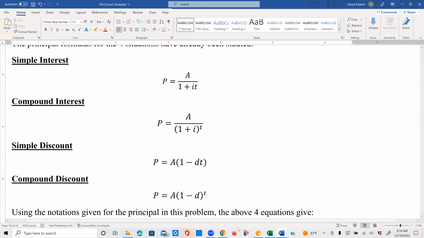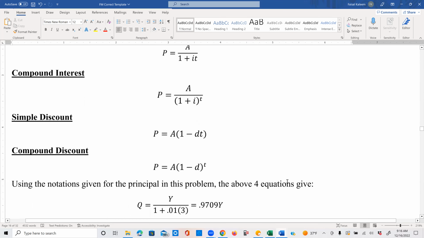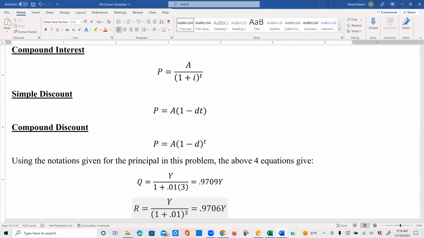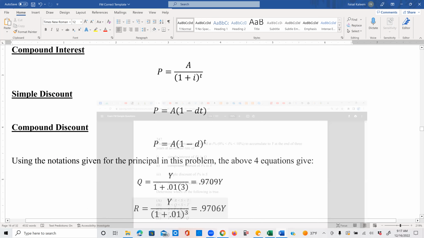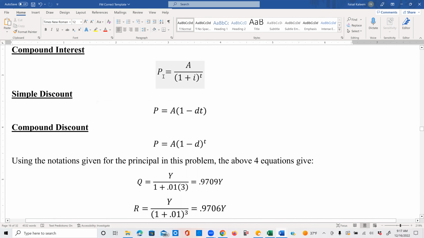The amount is the same. Amount is always Y. So we were given that for simple interest, the principal is Q. So in the simple interest formula, the P now becomes Q. A is always Y.